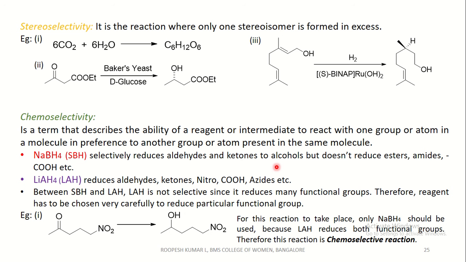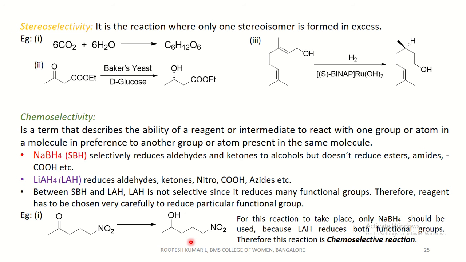Between sodium borohydride and lithium aluminum hydride, the latter is not selective since it reduces many functional groups. Therefore, the reagent has to be chosen very carefully to reduce a particular functional group. Coming to the example, this nitroketone on reaction with sodium borohydride gives a corresponding alcohol.